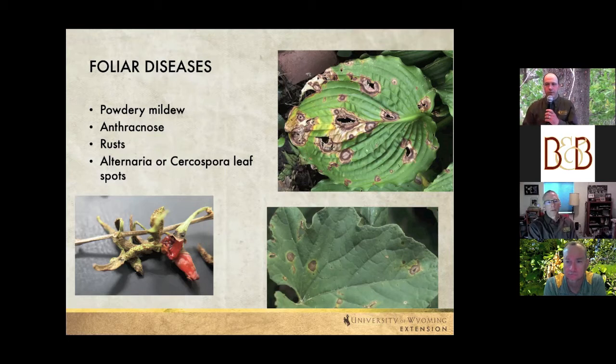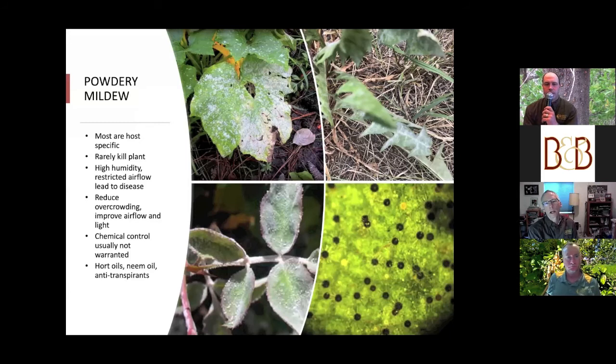They get more humid when they have more leaves and more water coming off the leaves. That's really the case with powdery mildew. I typically get samples submitted toward late summer, early fall, when those canopies and gardens are getting really full and the air is kind of stagnant.